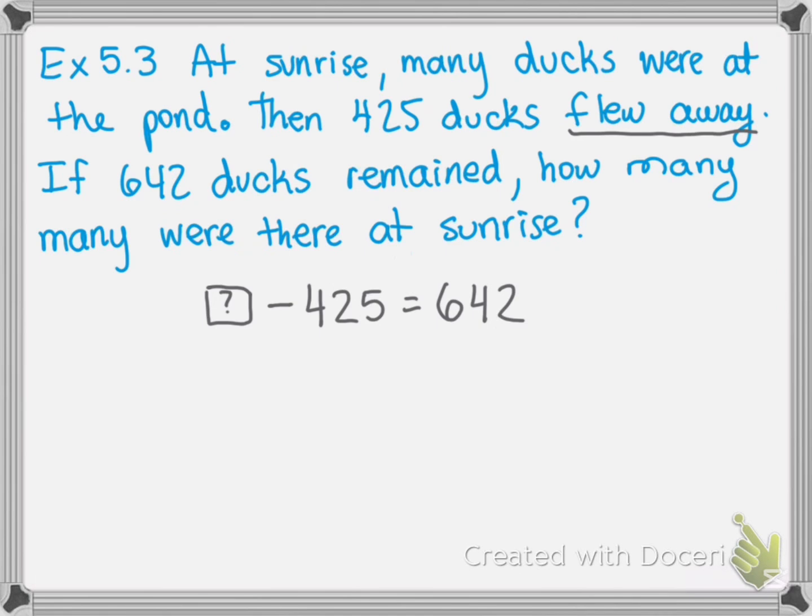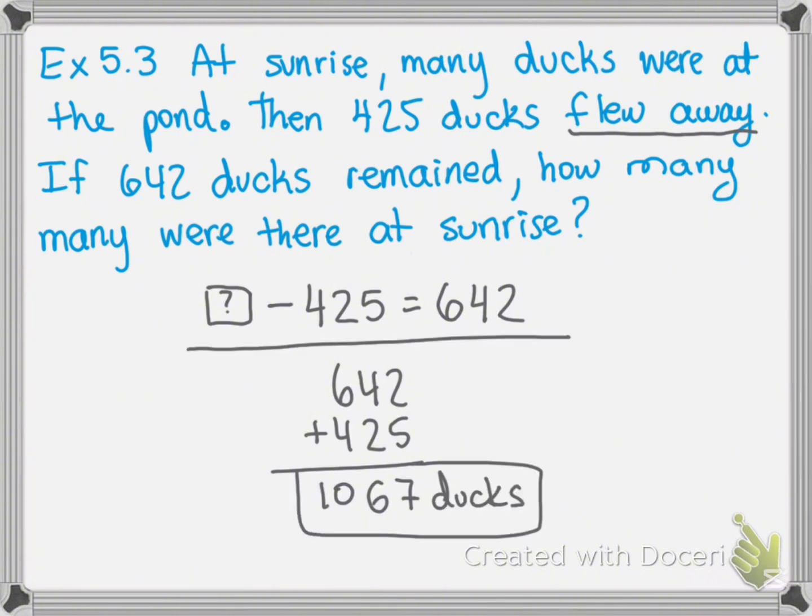We started with more, then some flew away, and we have some left over. So let's do it. We're going to add 642 plus 425. And if we add that, the answer is 1,067. So we have to add the two amounts to get to the total, or to the original amount.